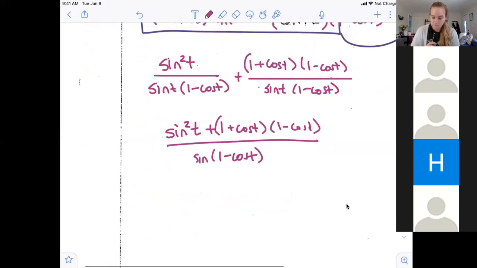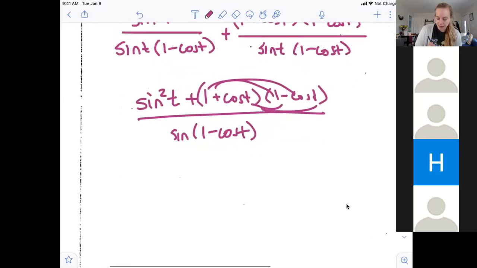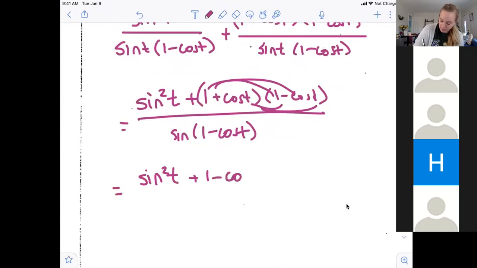Let's see, if I distribute this 1 minus cosine t, let's distribute that through. It's going to be a perfect square because 1 times 1 is 1, I've got negative cosine and positive cosine, so I've got 1 minus cosine squared t over sine t times 1 minus cosine t.